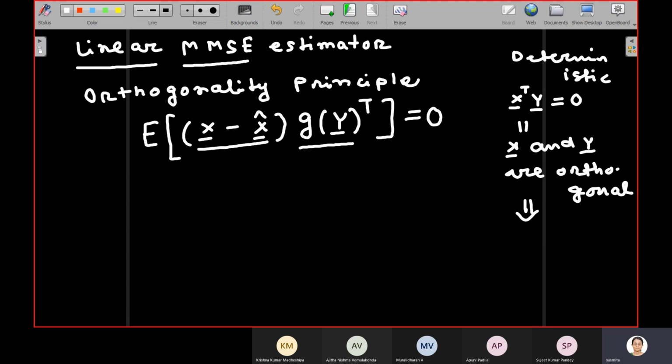This also implies that if we take a projection of x along y or projection of y along x, we get nothing. So there is no component of x along y, correct? Given x, we cannot say anything about y, right?